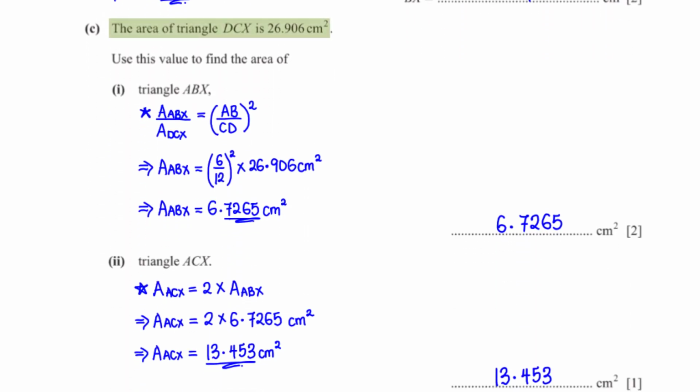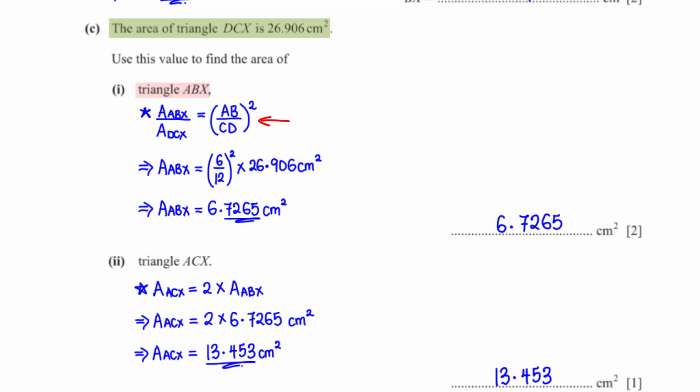The area of triangle DCX is 26.906 centimeters squared. Use this value to find the area of triangle ABX. For this area, we have the area of triangle ABX divided by the area of triangle DCX equals one of the side lengths of triangle ABX, which is AB, divided by the corresponding length in triangle DCX, which is CD.